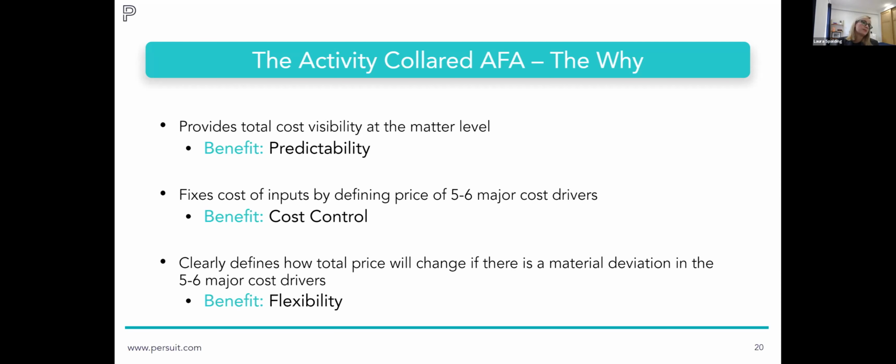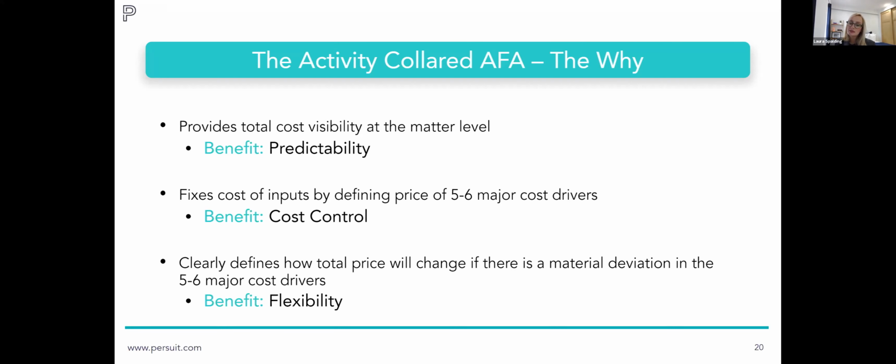Yeah. So the benefits of the activity collared AFA, number one is that it provides flexibility. That's the main thing. It addresses that fear that clients have had using AFAs in the past, where there's going to be a change in scope. Also, clients care about law firms, and they care about making sure that their services are valued.